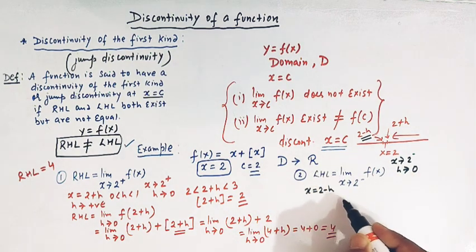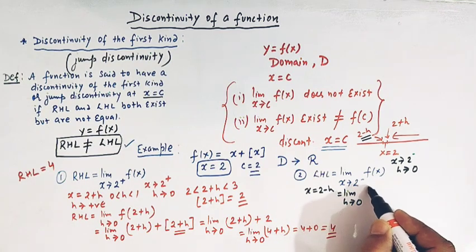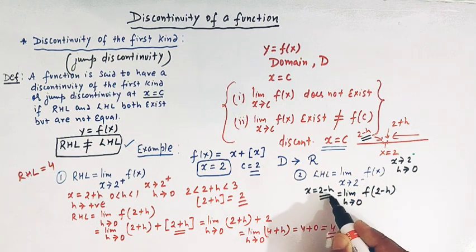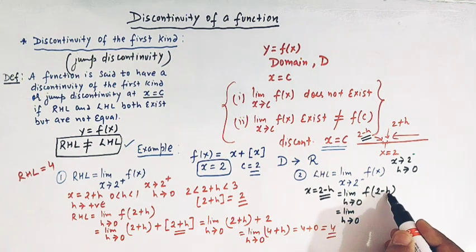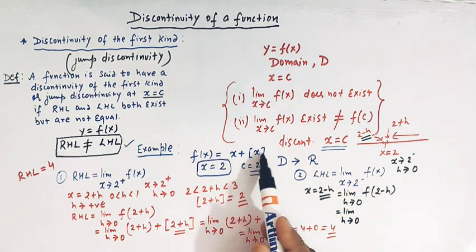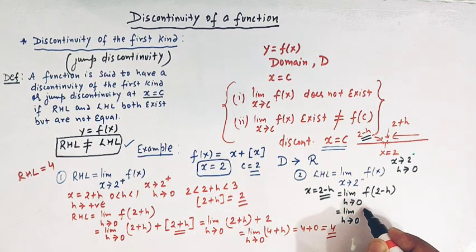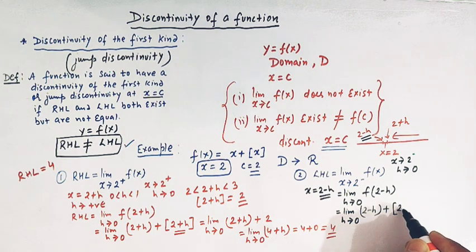So the left hand limit is the limit h tends to 0 of f of 2 minus h, because now x is 2 minus h. From the expression, for x we write 2 minus h, and we have the greatest integer of 2 minus h.